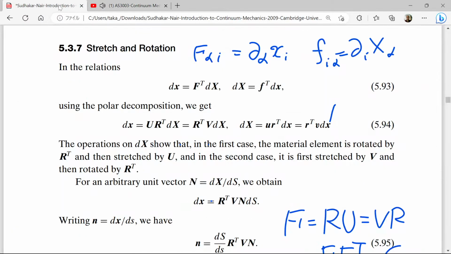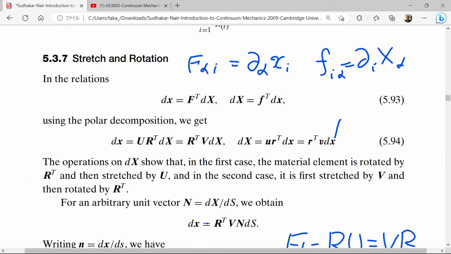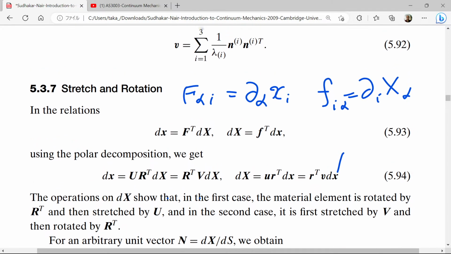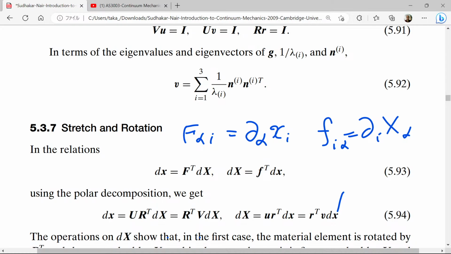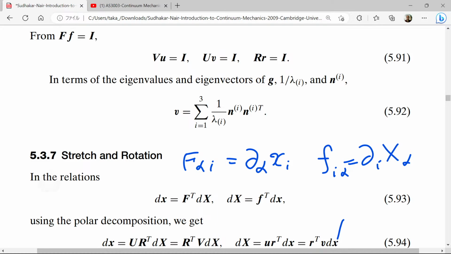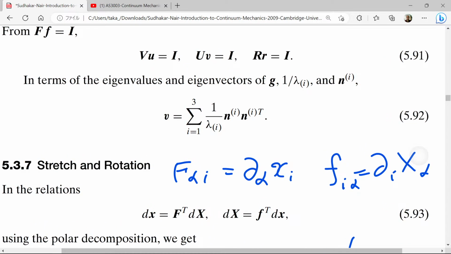Okay, so let's do this new section, stretch and rotation. Okay, so then in the relation, I think before that maybe I should discuss this one, this spectral representation.